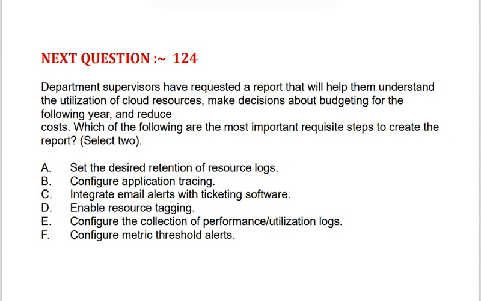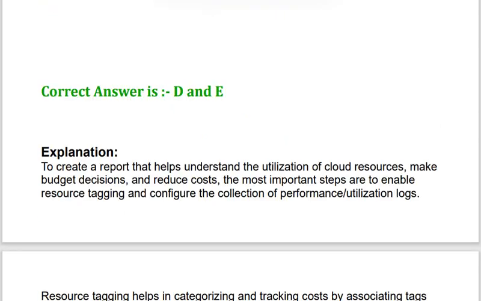Option B, configure application tracing. Option C, integrate email alerts with ticketing software. Option D, enable resource tagging. Option E, configure the collection of performance and utilization logs. Option F, configure metric threshold alerts. Correct answer is option D and option E.